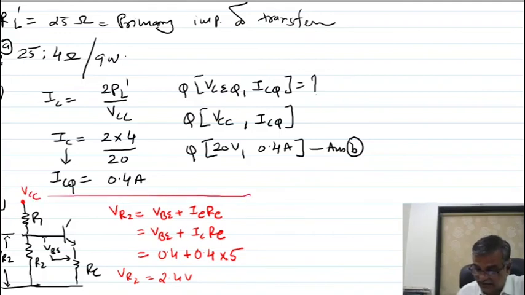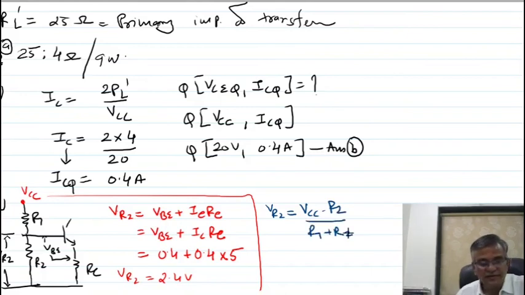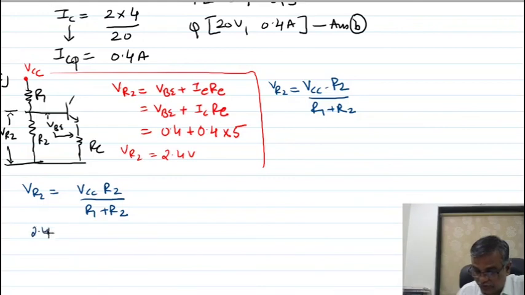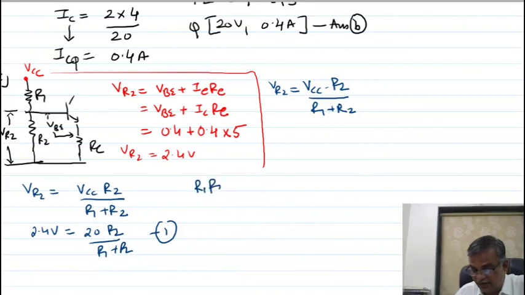So from this I can write VR2 is equal to VCC into R2 upon R1 plus R2. You know the potential divider equation. So this is your 2.4 volt, equal to 20 into R2 upon R1 plus R2. Say this is equation 1.